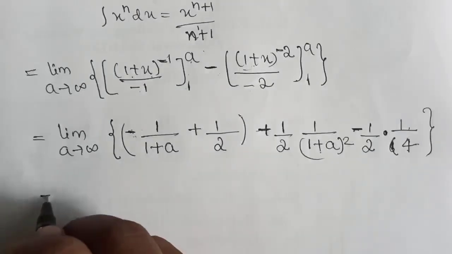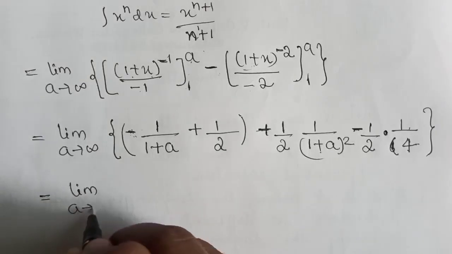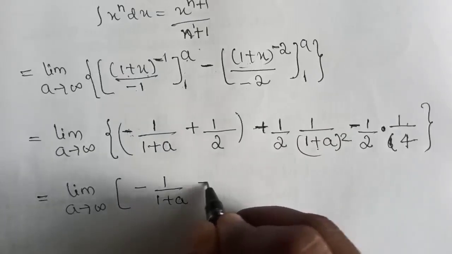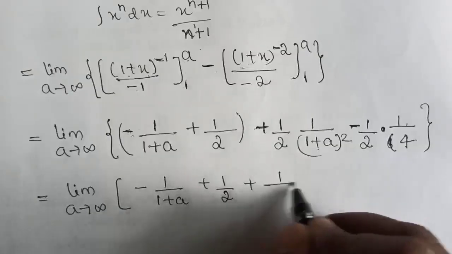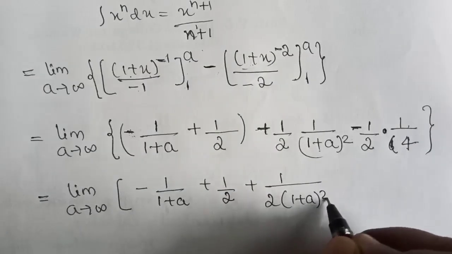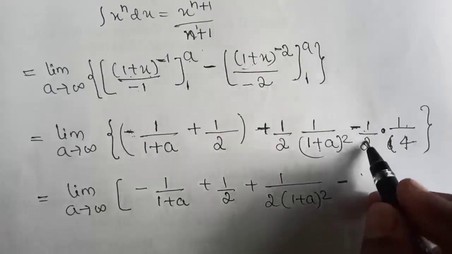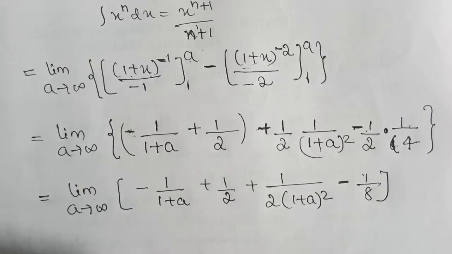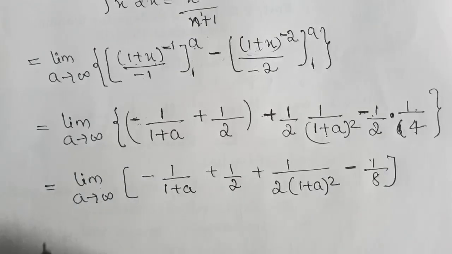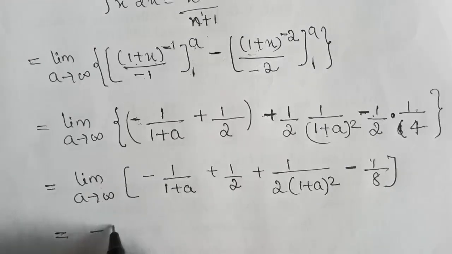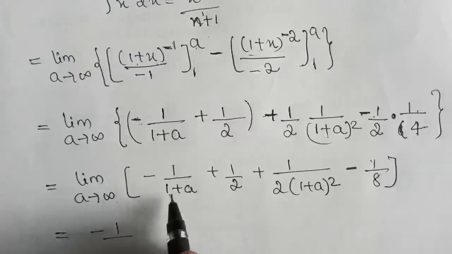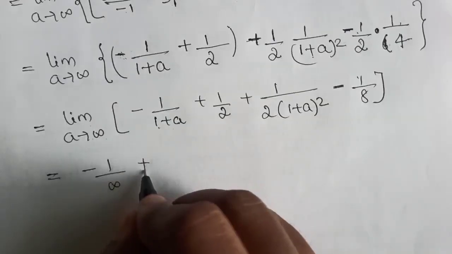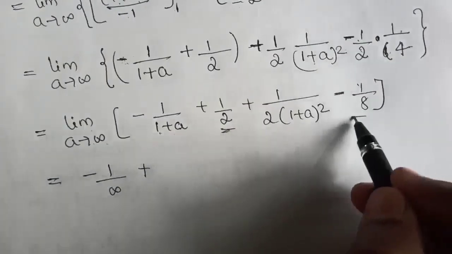Now, further simplifying, we get limit a tends to infinity of minus 1 divided by (1 plus a) plus 1 divided by 2, plus 1 divided by 2(1 plus a) whole square, minus 1 divided by 8. Now evaluating the limits, we get minus 1 divided by (1 plus a), meaning infinity plus 1, which is infinity, plus 1 by 2 minus 1 by 8.